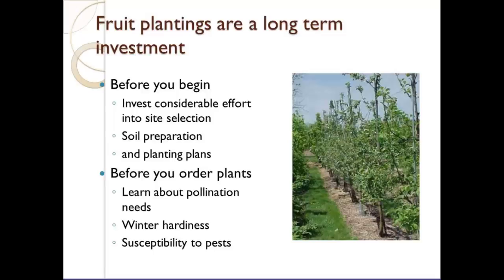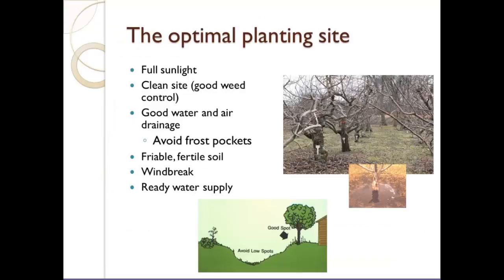So there are differences in how small and large orchards are planted. Let's talk about pollination needs, winter hardiness considerations, and susceptibility to pests, which I'll allude to, although last week you had a good introduction on insects, and next week you'll have a good introduction on disease control.